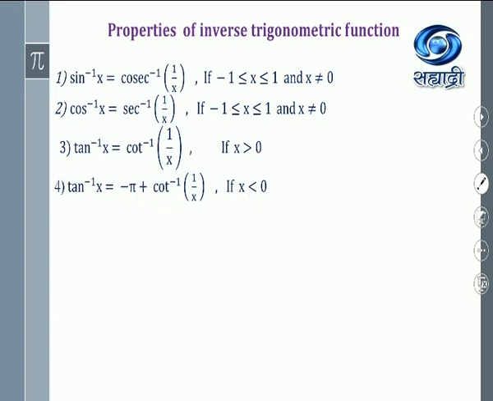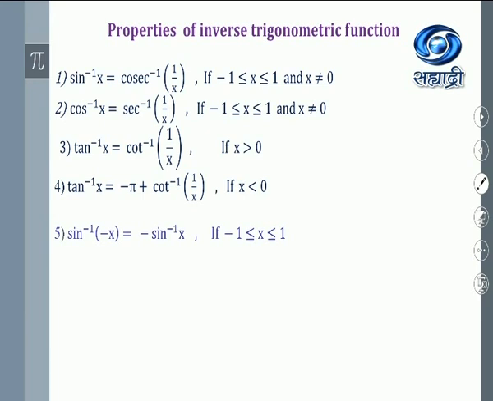But the condition is x is less than 0. So here we will have to remember these two conditions. For x positive, we have tan inverse x as cot inverse 1 upon x. And if x is negative, we have tan inverse x as minus pi plus cot inverse 1 upon x.